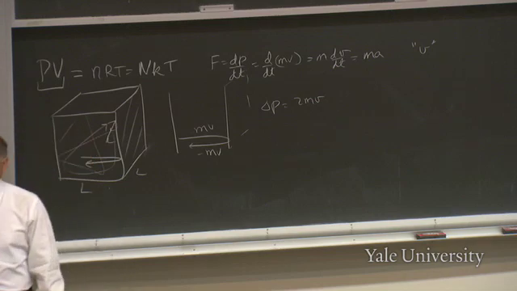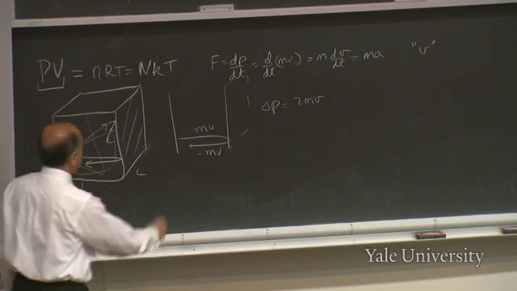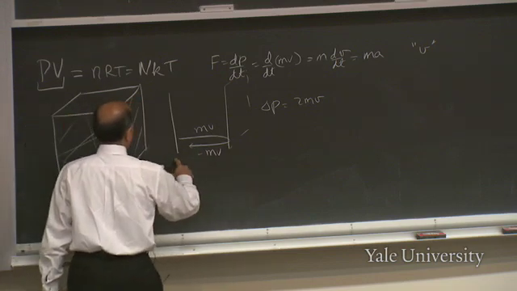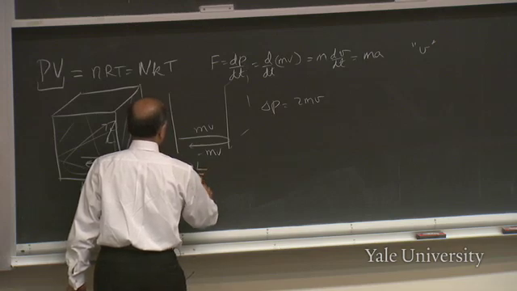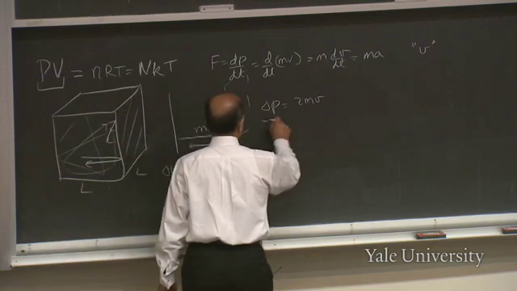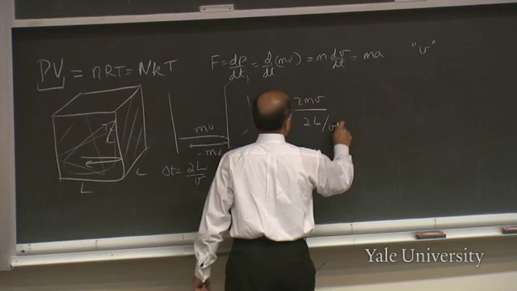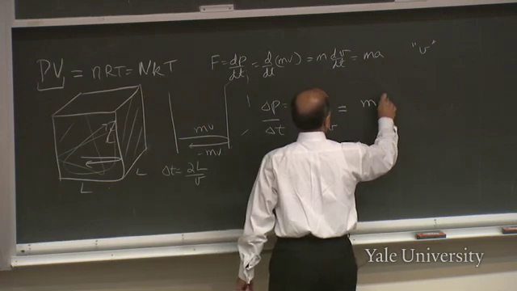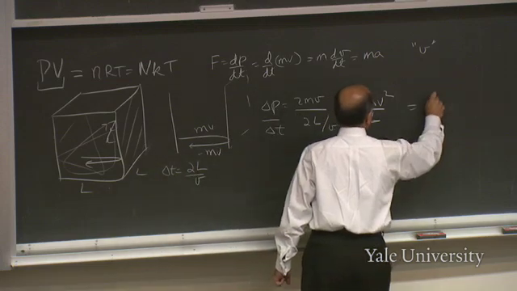You guys should think about that first. How often will that collision take place? Once you hit the wall here, you got to go to the other wall and come back. So you got to go a distance 2L, and you're going at a speed v. The time it takes you is 2L over v. So delta P over delta T is 2mv divided by 2L over v. That gives me mv squared over L. That is the force due to one molecule.